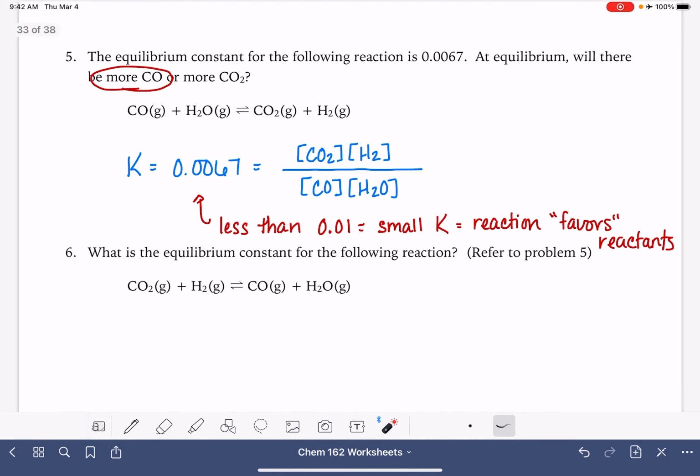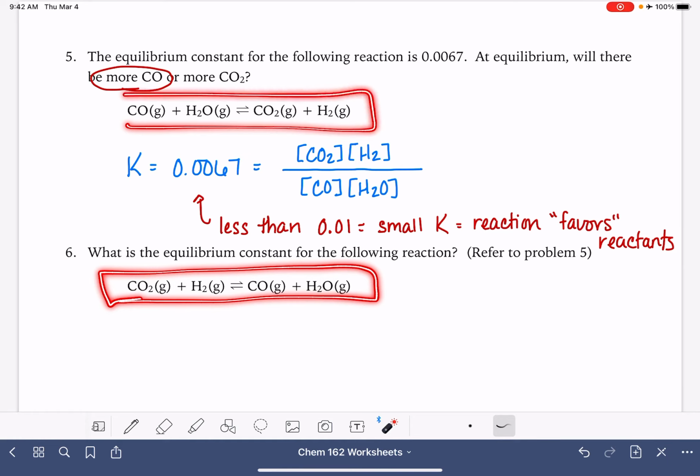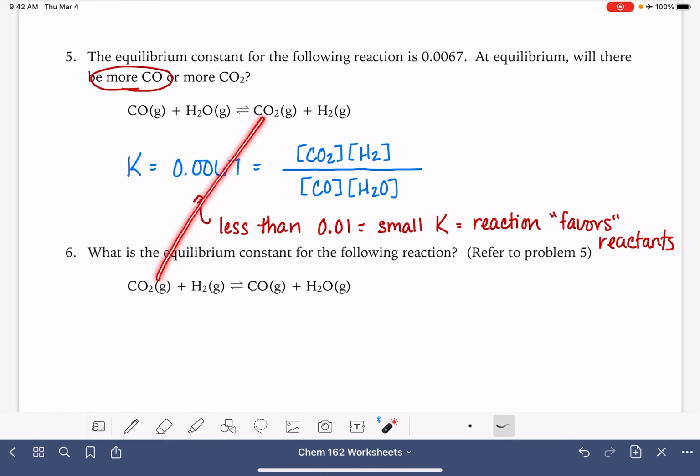What is the equilibrium constant for this reaction right here? Refer to problem number 5. Okay, so if we look at this balanced equation right here, compare it to the balanced equation in 5, we can see that this equation has just been reversed. So CO and H2O, instead of being written as reactants, they are now being written as products.